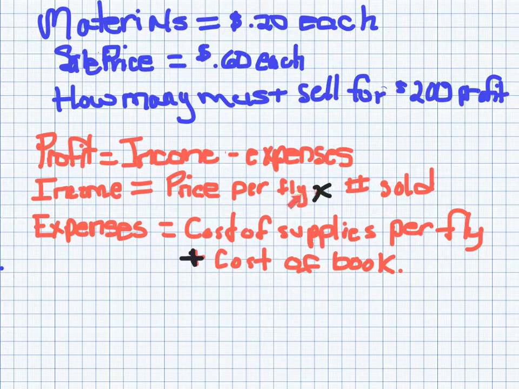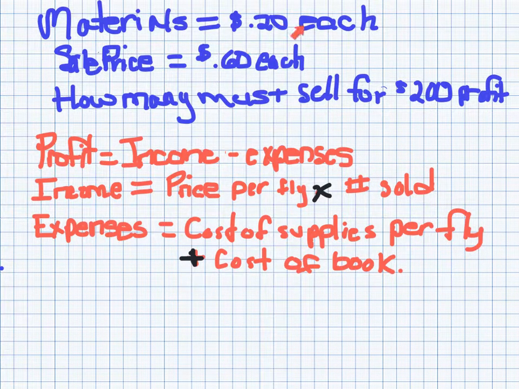So if you sold something for $1, and you sold 10 of them, then your income was $10. Expenses is the cost of supplies per fly plus the cost of the book. So if the book cost $2 and the supplies totaled $8, then you've spent $10. In this case, if your income was 10 and your expenses were 10, you would have a profit of 0, and that wouldn't be a very profitable business.